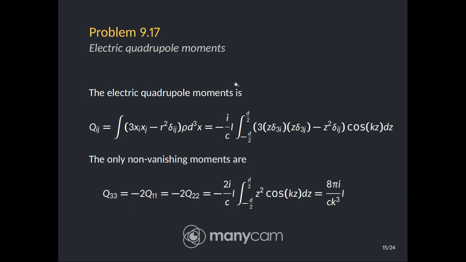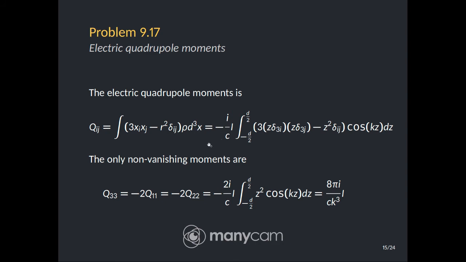The next order is the electric quadrupole moment. The electric quadrupole moment is defined in the following way: Qij is equal to the integral of 3 xi xj minus r squared delta ij times the charge density. Since we have the Dirac delta x and Dirac delta y, the position coordinate only takes value in the z component.